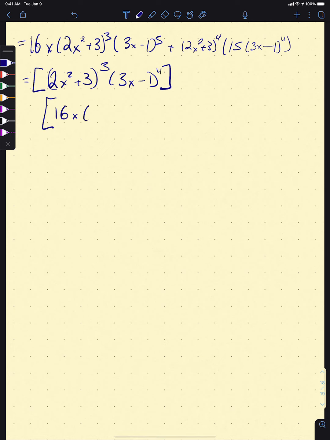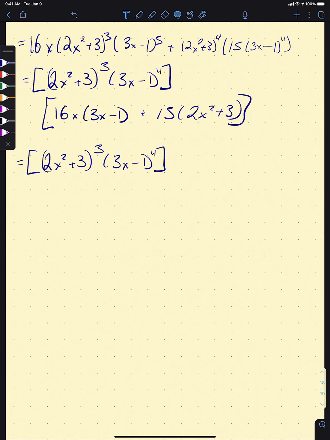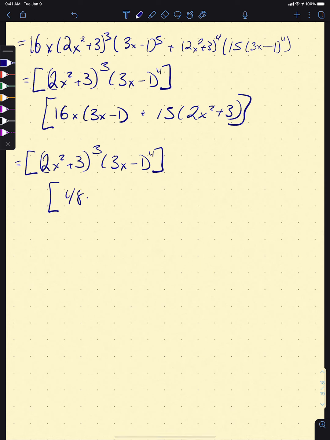We're going to have 16x's times a single 3x minus 1. Then we're going to have 15 2x squared plus 3's. Okay? So what are we left over with? How can we simplify this? Well, 16x and 3x gives us 48x squareds minus 16x plus 30x squareds plus 45.